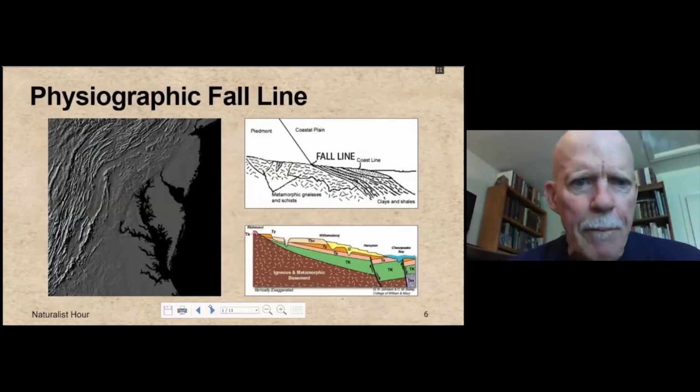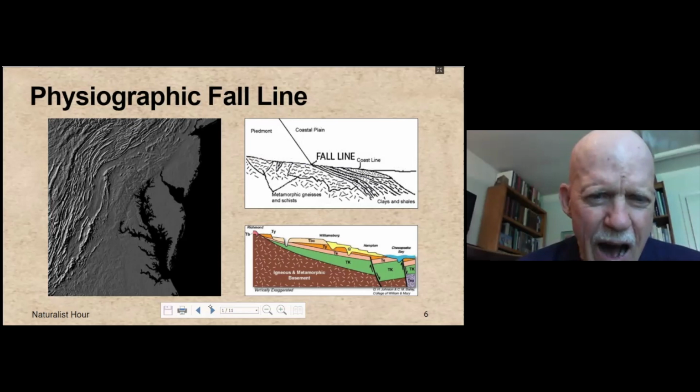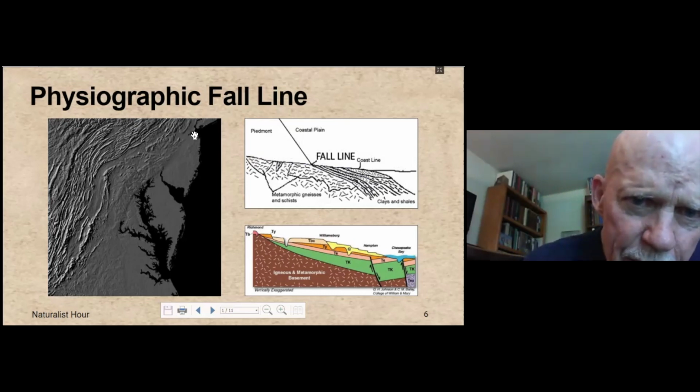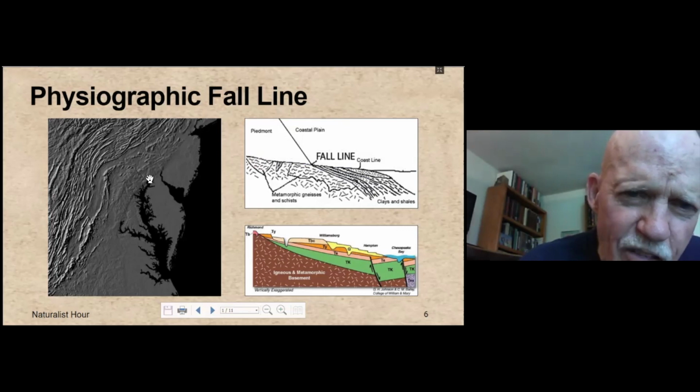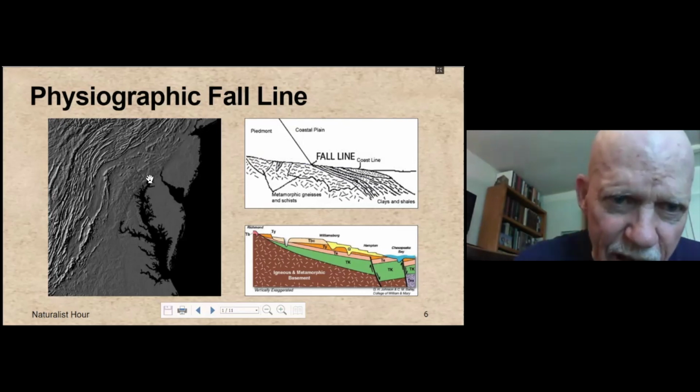Okay. Now, if we look at the topography, it's a little bit more hazy in some senses, but if we look here from the New York area down across New Jersey, more or less along the Delaware River, the top of Delmarva, the northern end of the Chesapeake Bay, it's pretty clear that there is a bit of a rise where the Piedmont is out over here versus where the coastal plain is here.